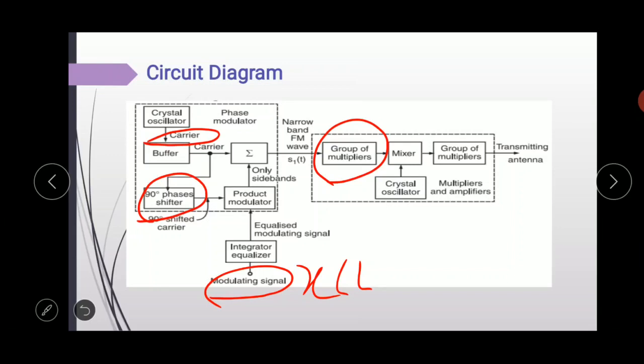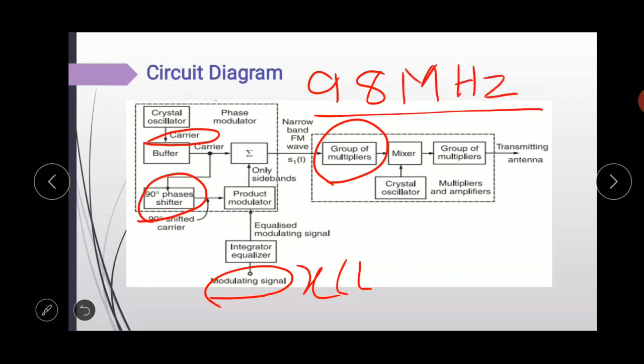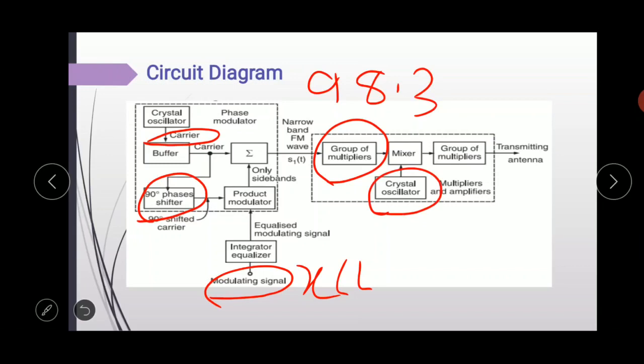Let's see. If we require 98 megahertz, then we can easily get this frequency range using the group of multipliers. But when we require 98.3, then what can we do? Then we use a local oscillator, or we can say crystal oscillator.